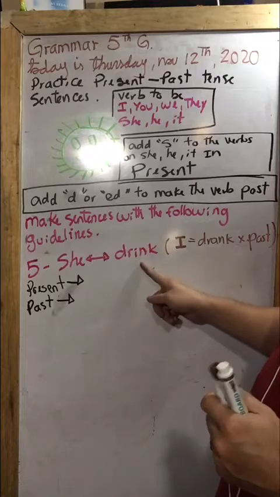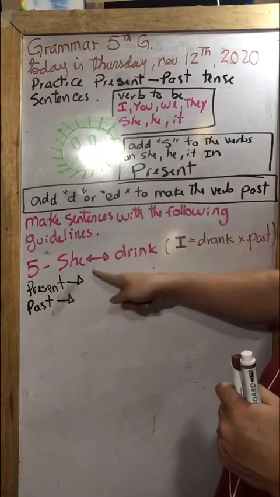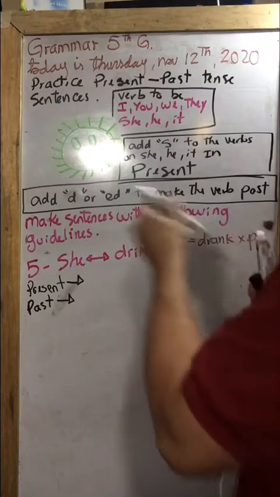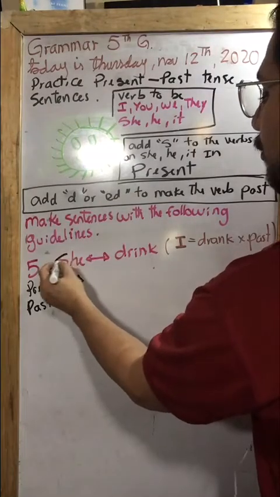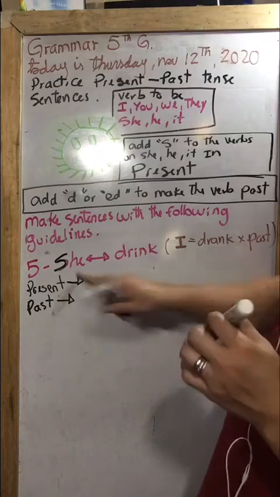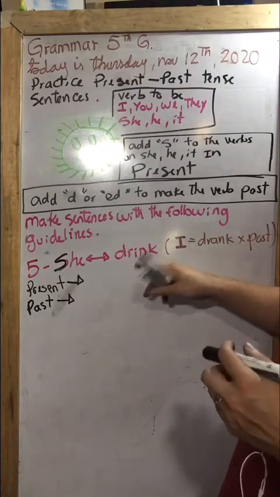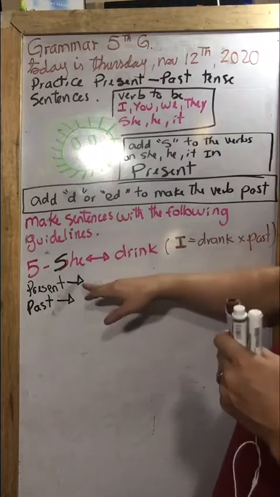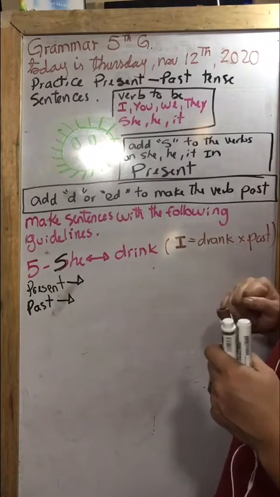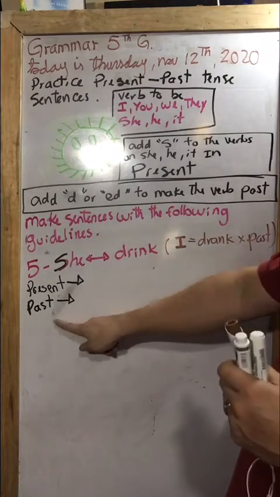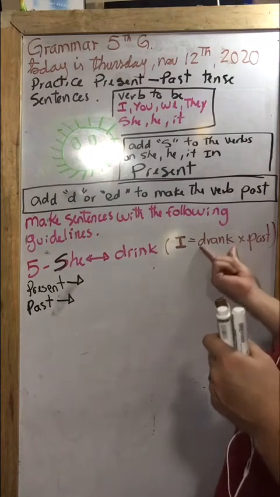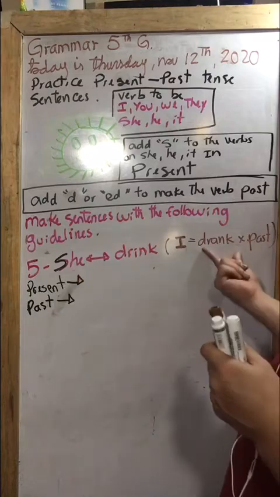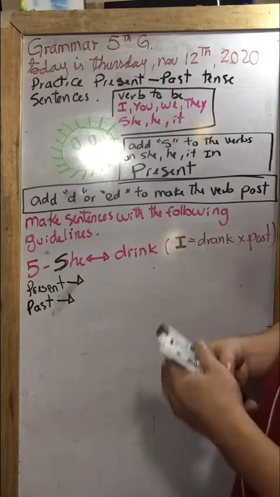But remember, for the third person, I'm going to highlight the S, so you remember that for the third person, you have to add an S for drink. So you would write, she drinks lemonade. She drinks Coke, okay? And then for the past tense, she drank lemonade, or she drank Coca-Cola.